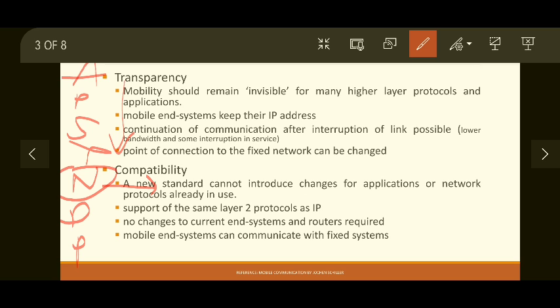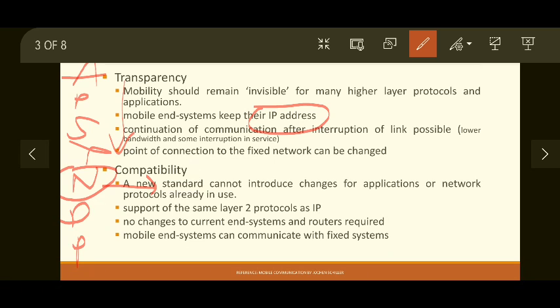So if we have to maintain that, we have to make sure that end systems keep their IP addresses. If the IP address remains constant, then higher layers will not notice whether they are dealing with a fixed node or a mobile user. So we are not changing the IP address, as you can see in this requirement.